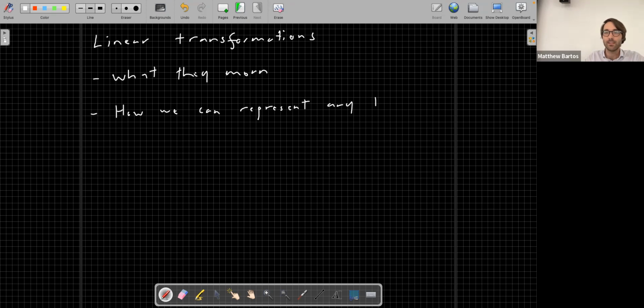So this is for any linear transformation or any linear operator. We can represent it as a matrix.